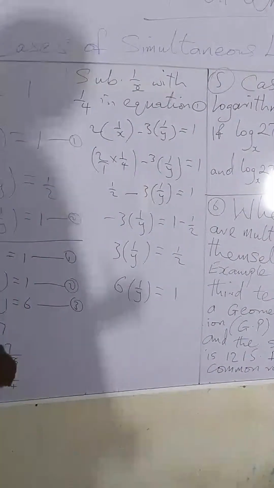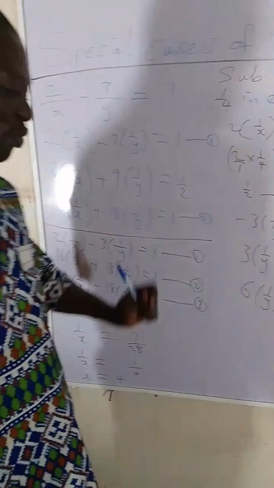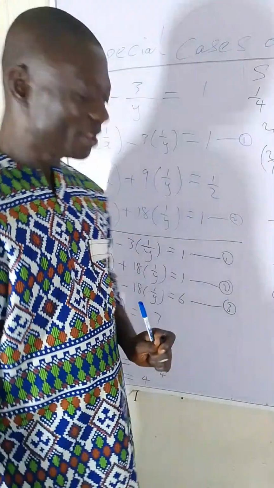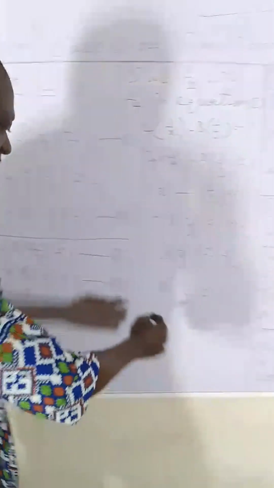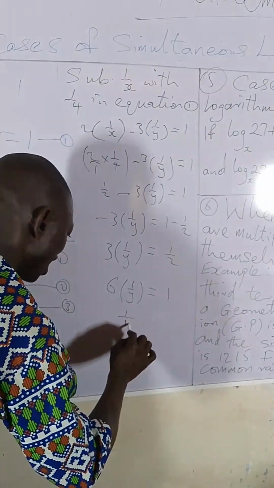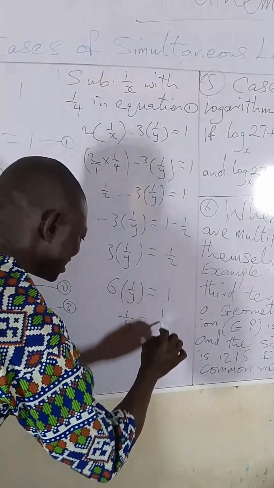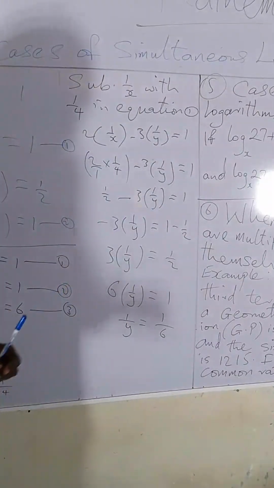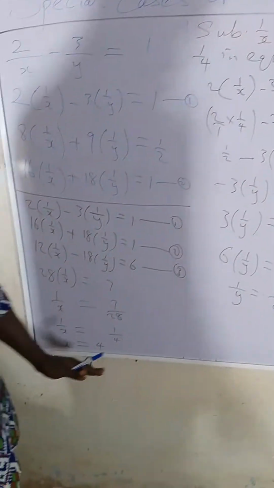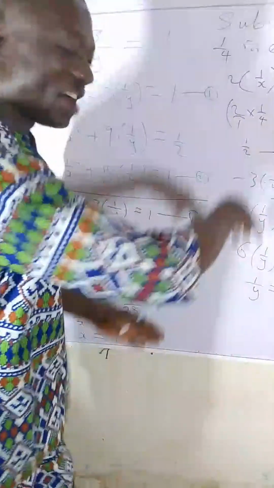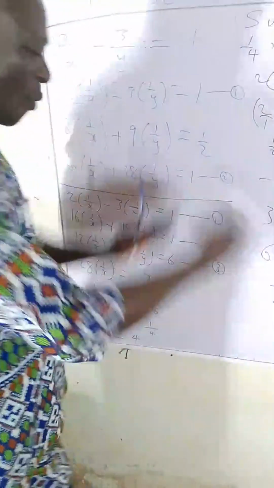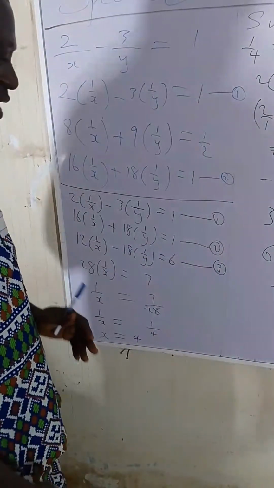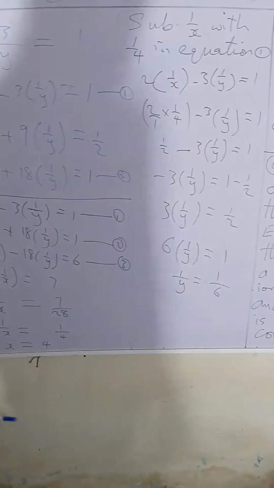And so we now divide both sides by the coefficient of 1 over y, which is 6. When you divide this by 6, we'll be left with 1 over y. Divide this by 6, we get 1 over 6. The same thing we did here. If you like, you say y is equal to 6, or 1 over y is equal to 1 over 6.